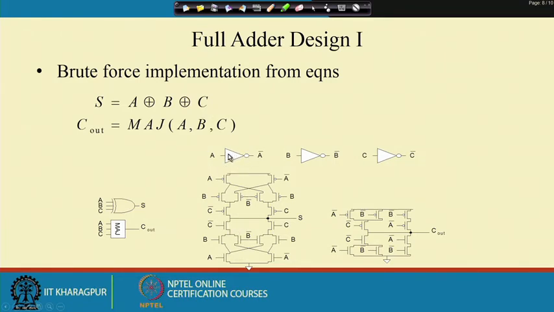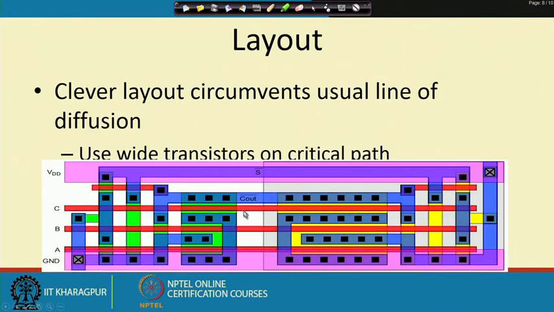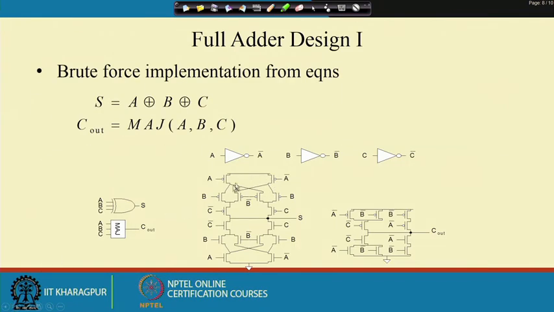Now, these gates are made of transistors. So, for A XOR B XOR C, the XOR gates are implemented using transistors, and for AB plus BC plus CA, the corresponding transistor level implementation is shown here. This is for C out and this is for sum.